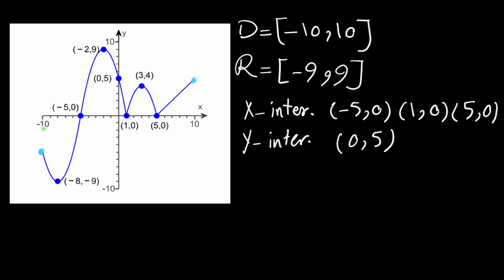For example, in this interval, the function is decreasing because when x is increasing, you see the value of function goes down and down. And then it's increasing from here to here, again decreasing from here to here, increasing, decreasing, and increasing.